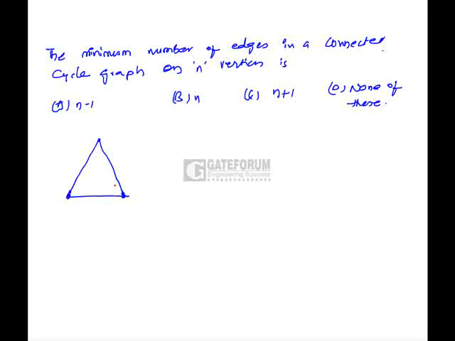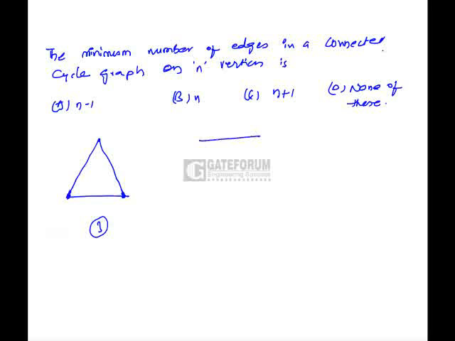This would be a cycle graph if it contains a cycle of length 3. We can't remove one edge from this. Why? Because if you remove at least one edge, this will not become a cycle graph. So here the number of edges is 3.